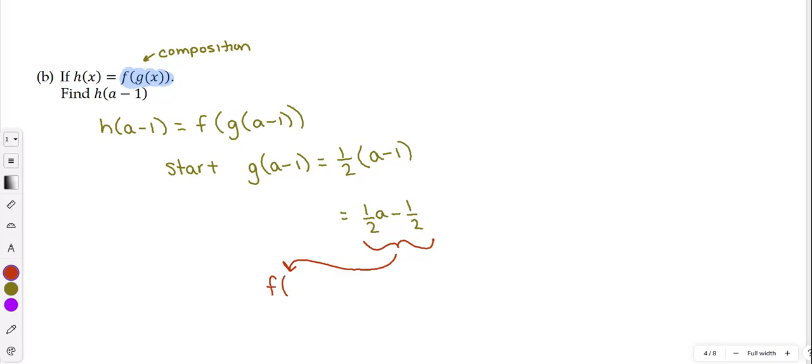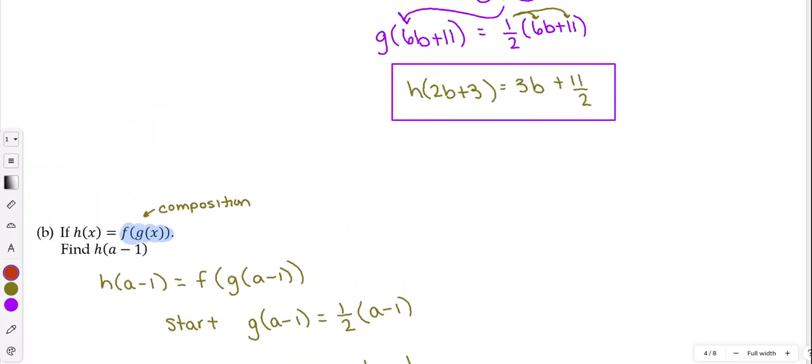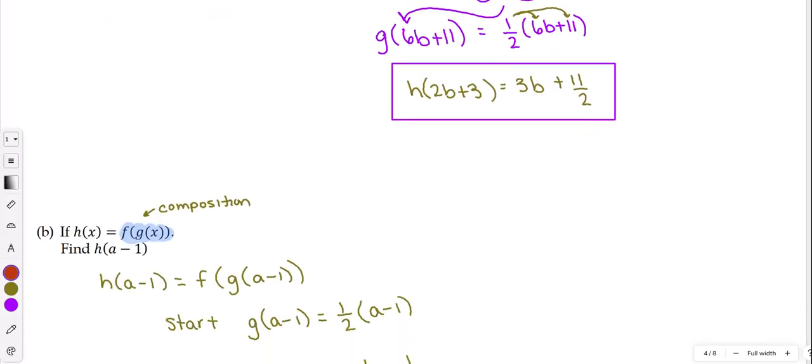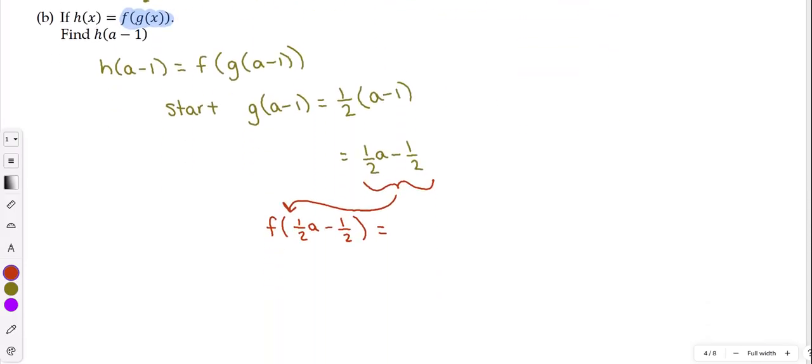The f function, what's this rule again? 3x plus 2. So we got 3 times this input plus 2.